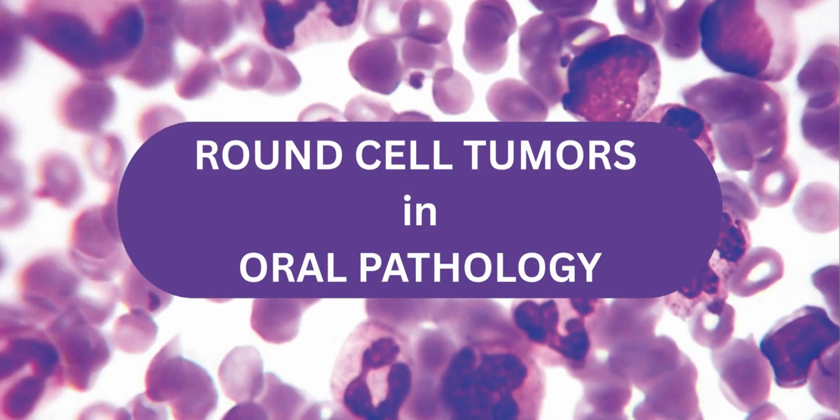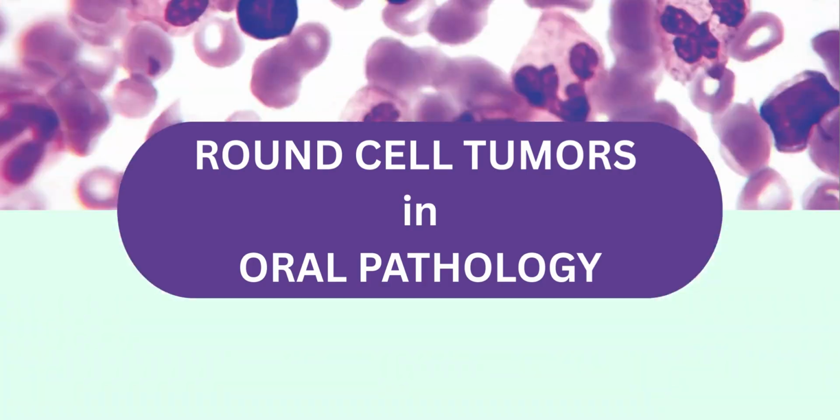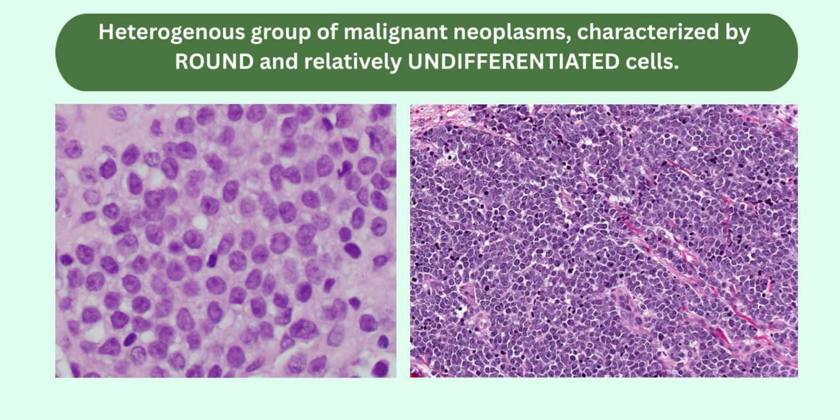In today's video, we will be exploring round cell tumors, a group of lesions that may appear deceptively similar under the microscope but represent a wide variety of important pathologies in the oral and maxillofacial region. So, let's begin. Round cell tumors are a broad category of neoplasms made up of small, round, and relatively uniform cells.